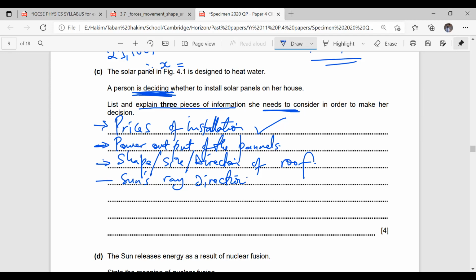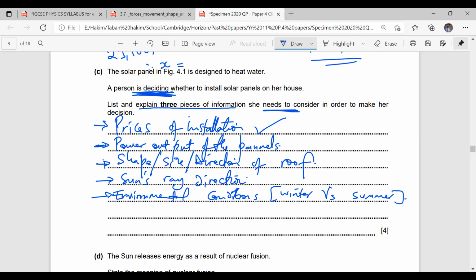Is it a sunny place? Is it a place where you have a lot of winter? All those are conditions that she must consider. Environmental conditions, winter versus summer, and others.